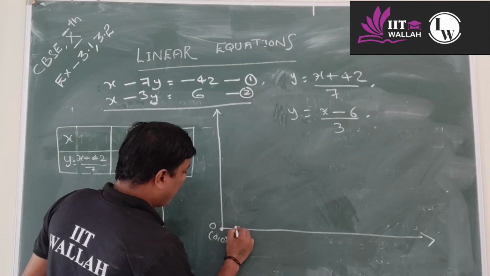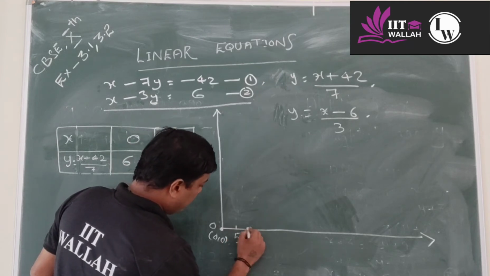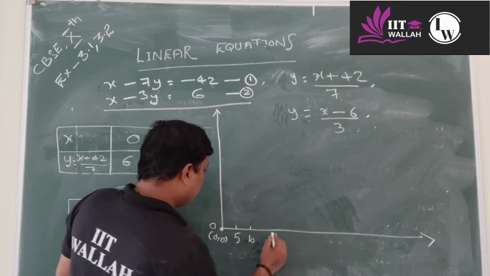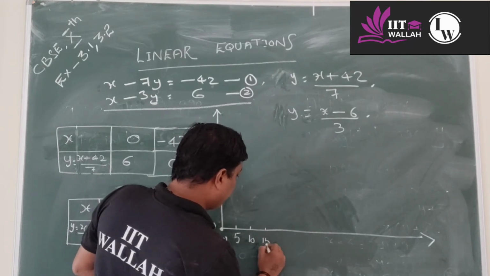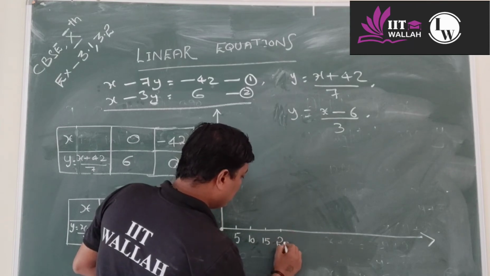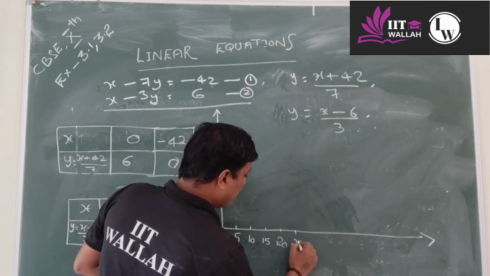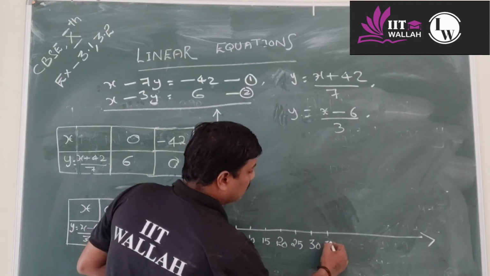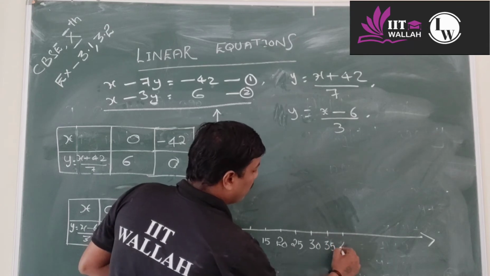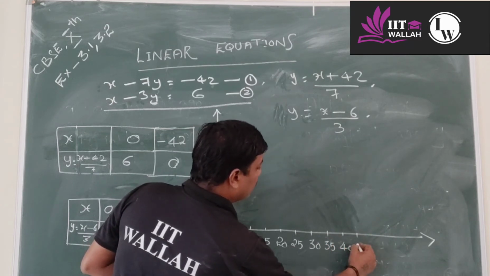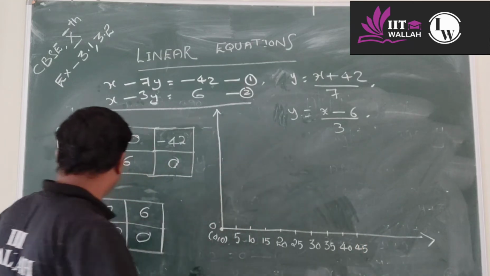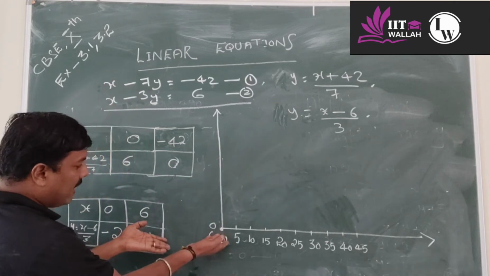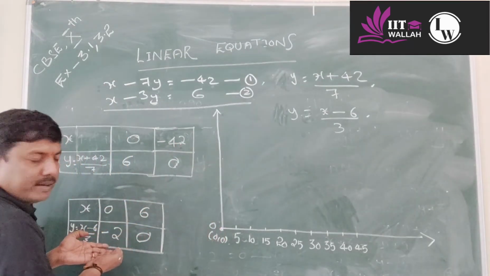So this will be 5, this will be 10, this will be 15, this will be 20, this will be 25, this will be 30, this will be 35, this will be 40, this will be 45. Like this, we are having only 0 and minus 42 here. Okay, so we need to take minus 42. So in the left side also we need to do this.